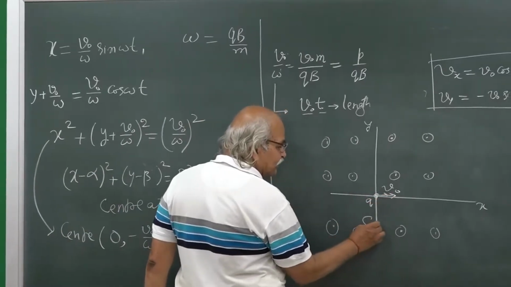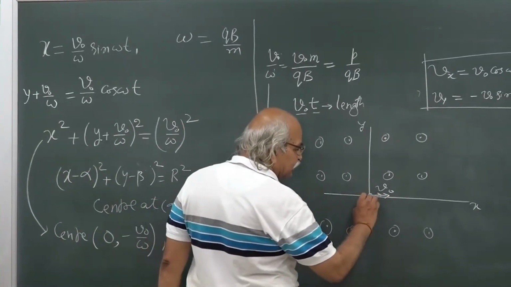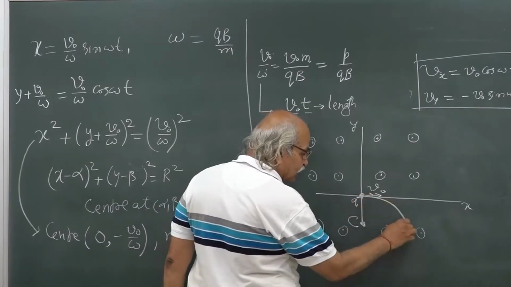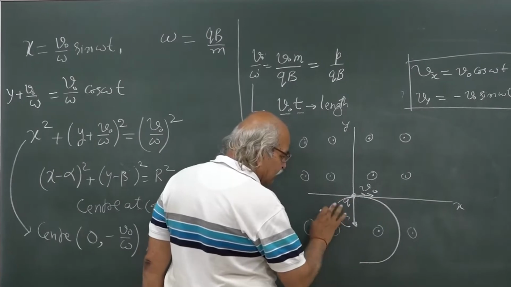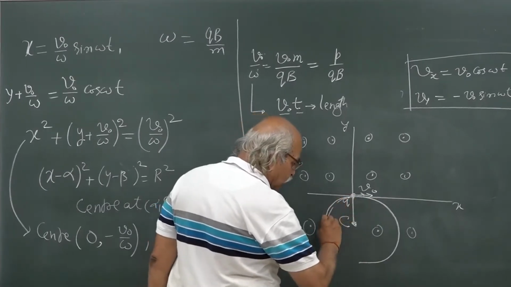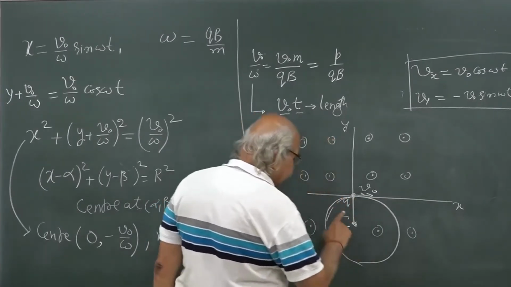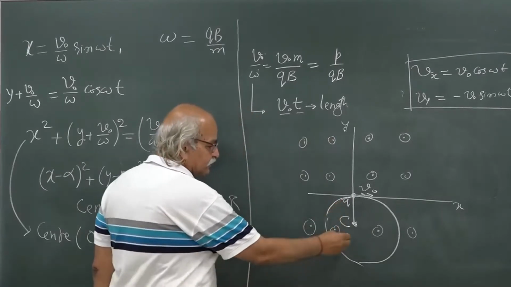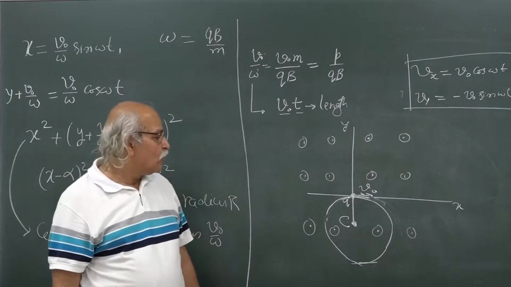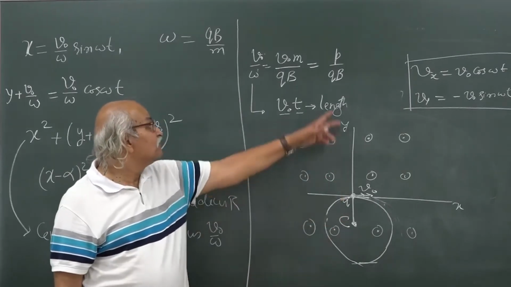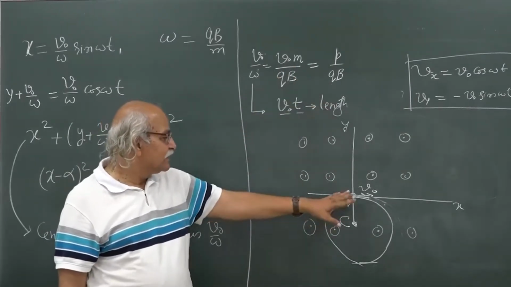So what kind of circle will it be? It will be a circle of this kind, below the x axis, of this radius, with the center here.